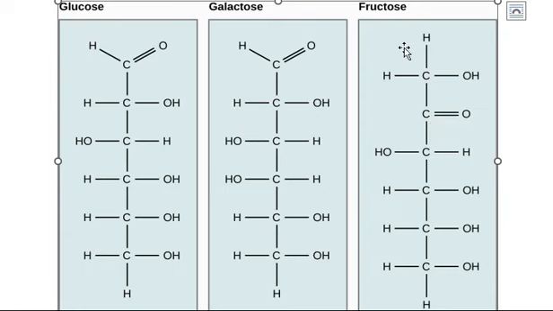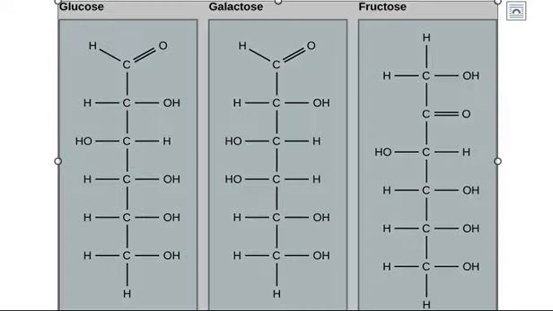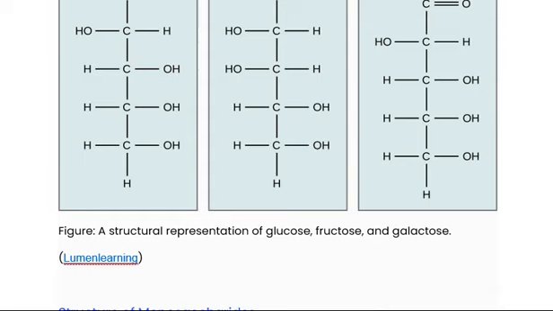These are basically the differences. Even though they have the same molecular weight and the same molecular formula, the structural formula is quite different. So these are the differences we find in these sugars.